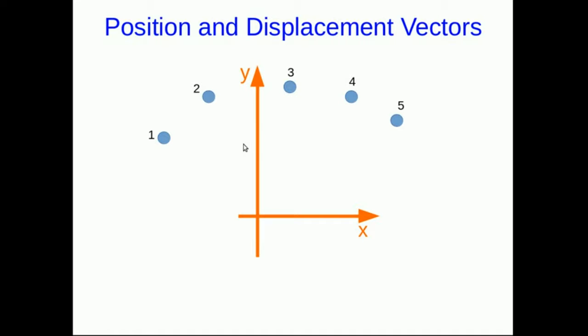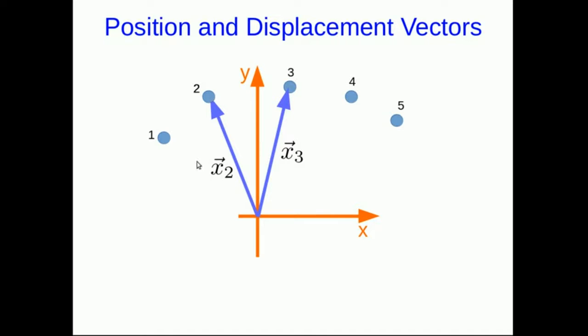So a position vector tells you how to find the location from the origin of the coordinate system. So the position vectors for points 2 and 3 would be drawn this way. They point from the origin to the location that you're talking about. A displacement vector points from the starting point during the time period it's talking about to the end point.